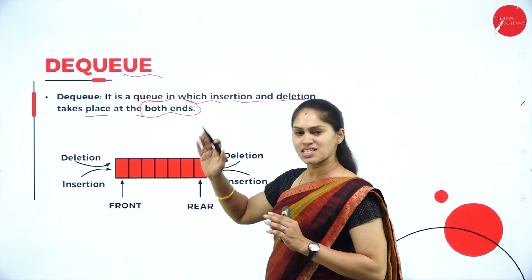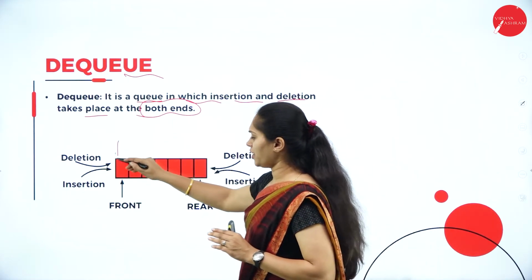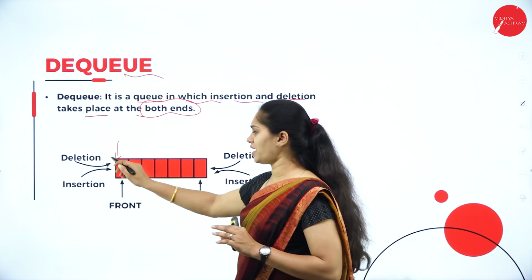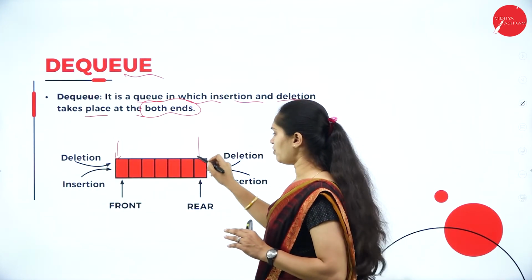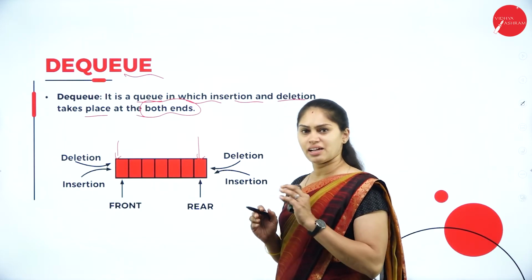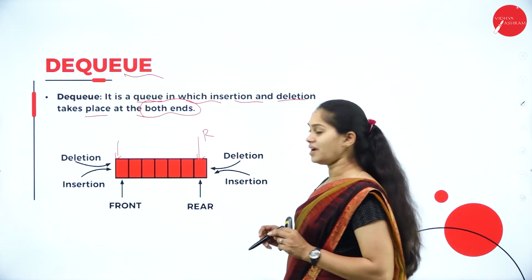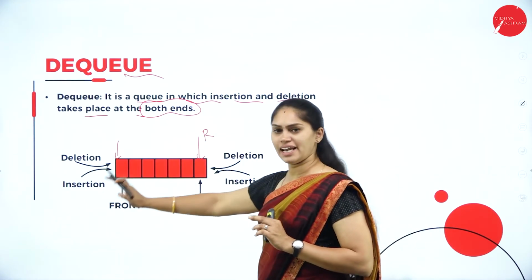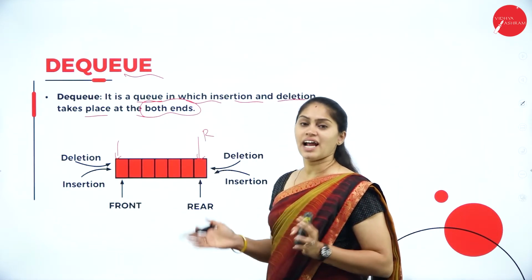So if you consider the previous type, front is going to be pointed to the first location. That means for the deletion, we have to use the front end. If I wanted to do the insertion, that will be at the rear end. But in this DQ or double-ended queue, insertion and deletion both can take place at both the ends.